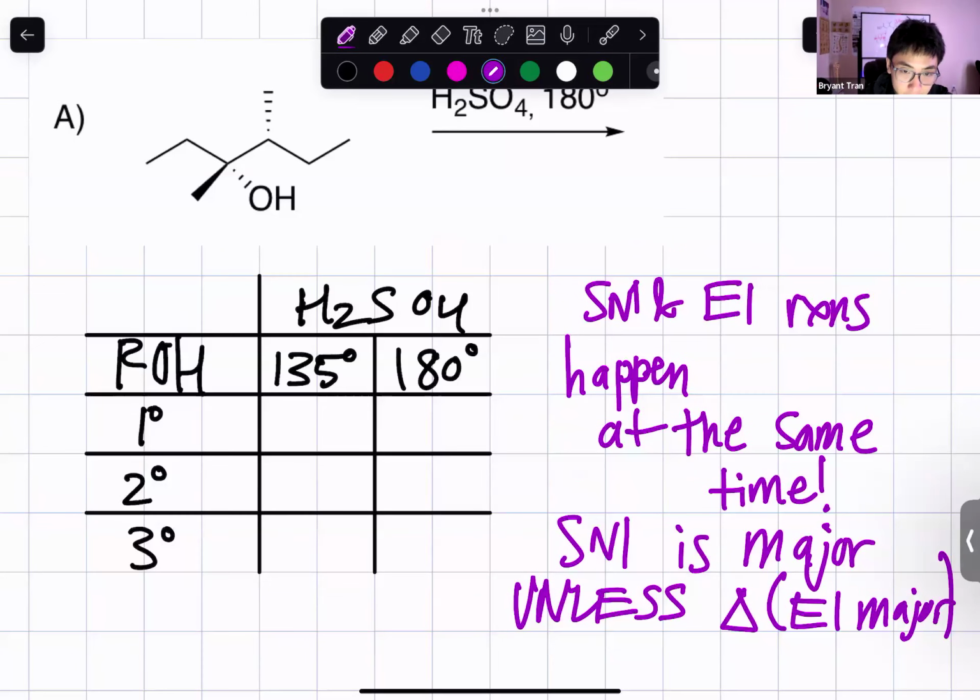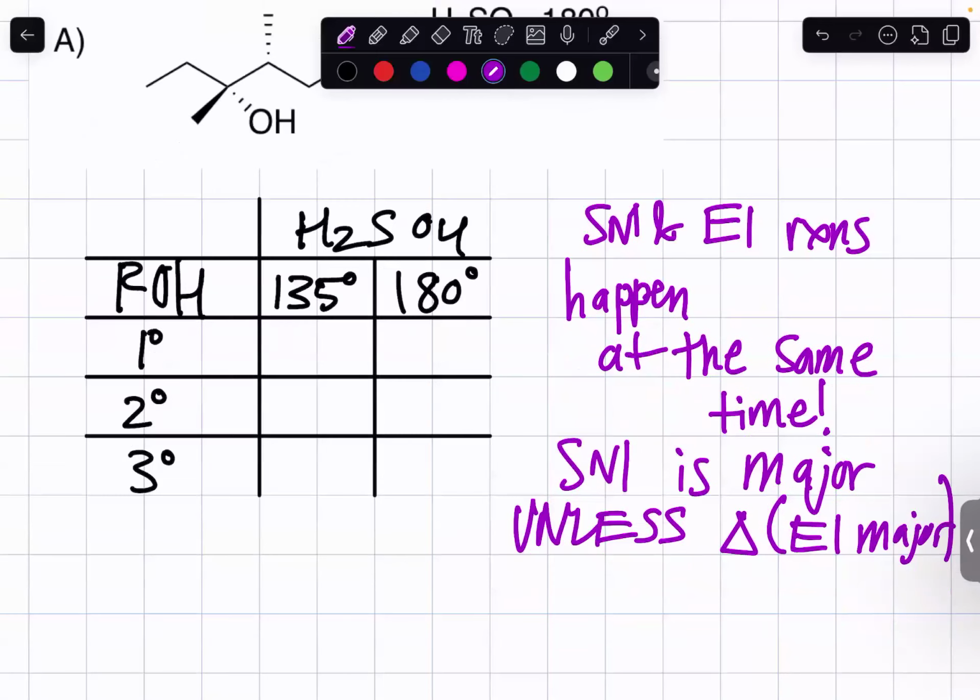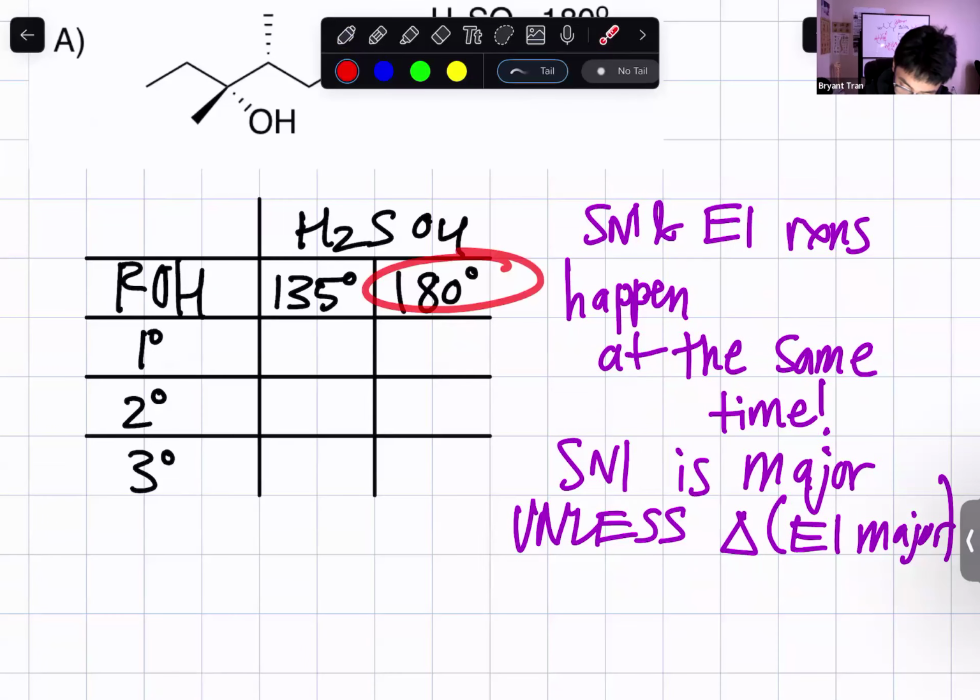So the S reactions like SN1, SN2 are substitution reactions. So we're just substituting the leaving group with the nucleophile. The E reactions like E1, E2, those elimination reactions, are going to form double bonds, alkenes, right? So think of the high temperature here as 180 degrees Celsius for Leibniz class.